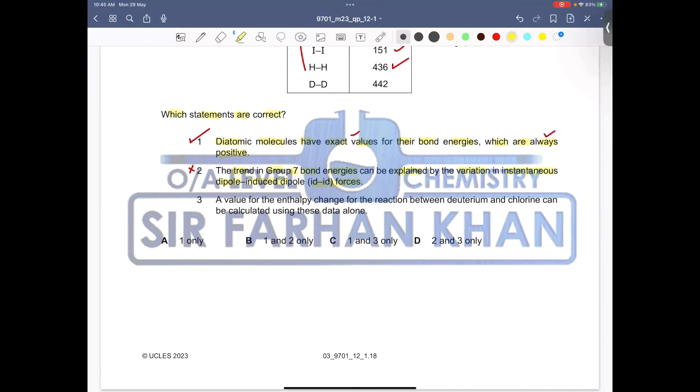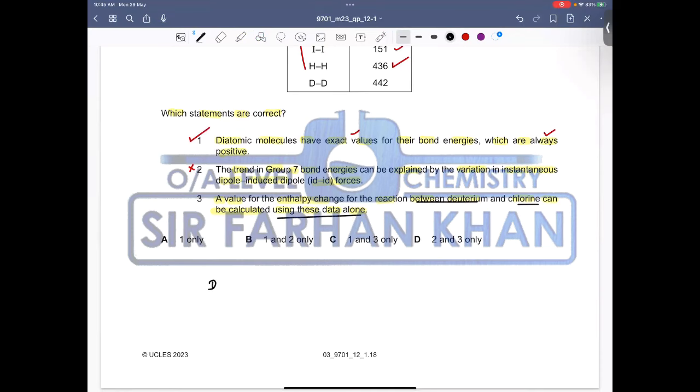In option 3, a value for the enthalpy change for the reaction between deuterium and chlorine can be calculated using these data alone. So let me write the equation. We have deuterium, which is D2, and chlorine, which is Cl2. When you react them together, you will get 2 moles of DCl.